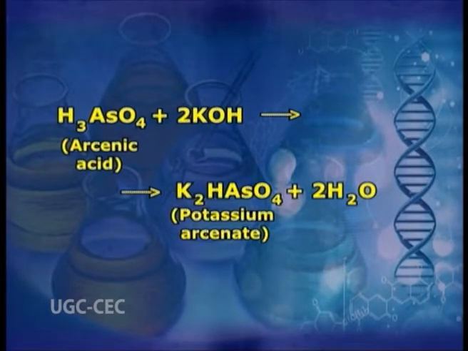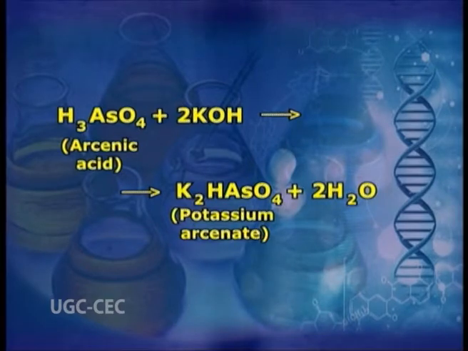When arsenic acid is neutralized by potassium hydroxide, arsenic acid provides 2 protons to form 2 molecules of water. Note that arsenic acid has 3 hydrogens, but potassium arsenate only has 1 hydrogen. That means that 2 protons were exchanged.